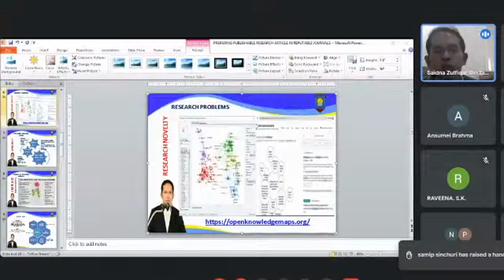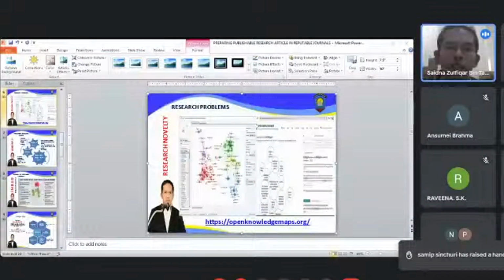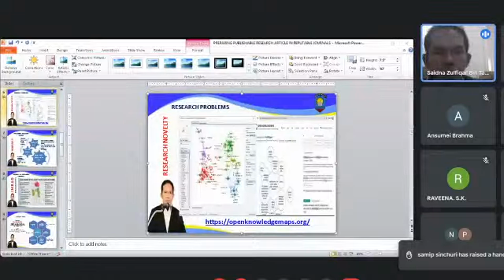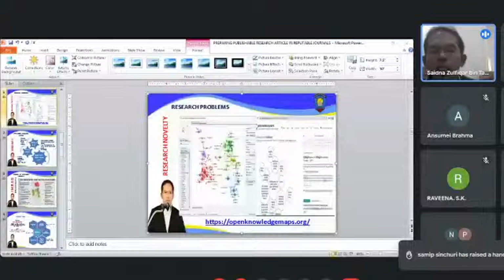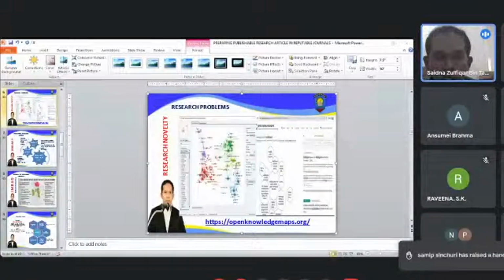So, in writing the literature review, for instance, in our thesis and our dissertation in chapter 2, we have to find out some research journals or books, like Mendeley or some open access journals, and then try to state the state of the art.